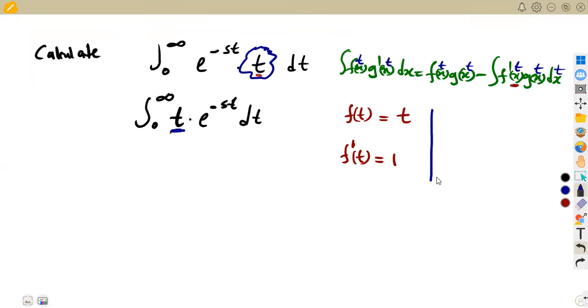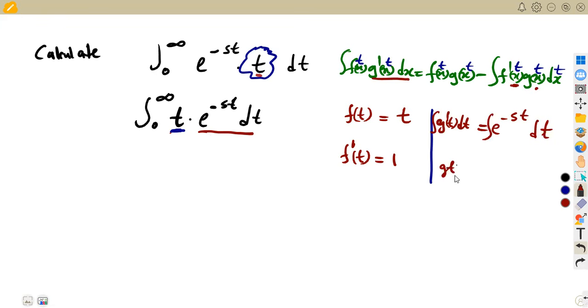We do the same thing to find our g of t, which was supposed to be g of x, but now it's g of t. So it's taken from the remaining part, which is representing our g prime of t dt, which is equivalent to e to the exponent of minus st dt. So in order for us to find g of t, we integrate both sides.